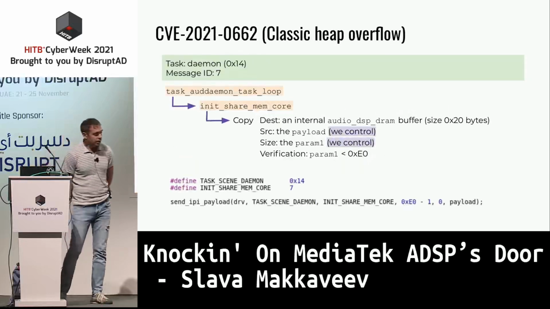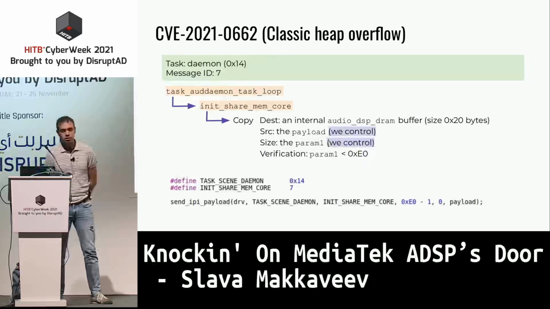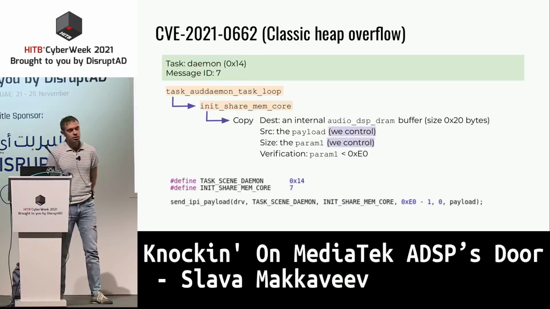This is the second write vulnerability. The task audio daemon task loop function, upon receiving a message with ID 7, calls the initial core functions, which again copies the message payload to a heap allocated message buffer, using param1 as the number of bytes to copy. This function contains a check that param1 is less than E0.